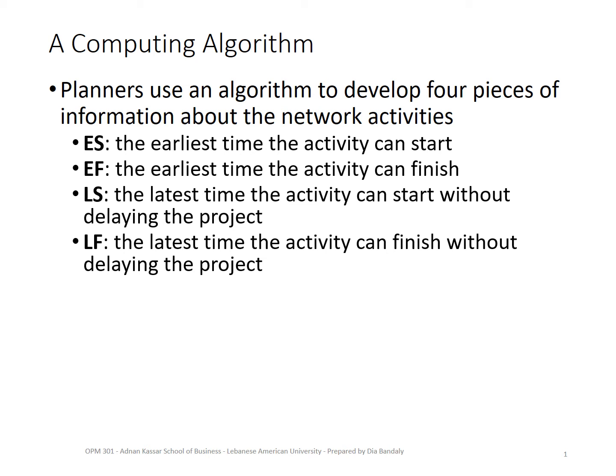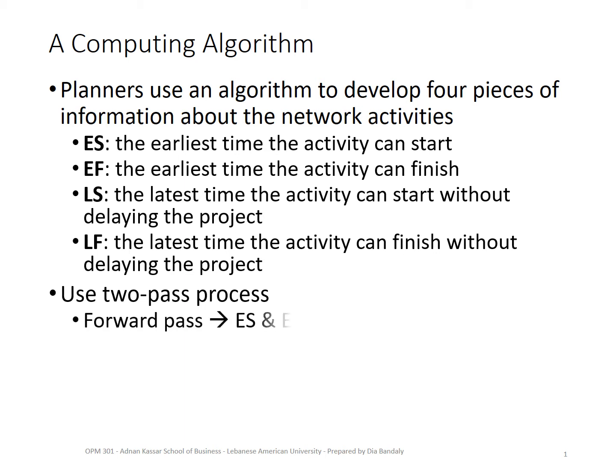The question is, how can we calculate these 4 pieces? Very simple. We're going to learn an algorithm, a set of calculations, and these come in 2 passes. What does it mean, pass? When you go from one point to another point in calculation, we call that a pass. So we'll do a forward pass that will allow us to find the early start and early finish of every activity.